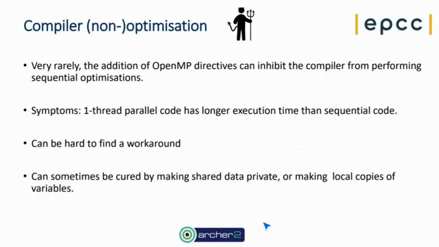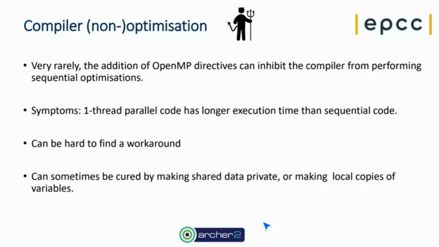Okay, so I mentioned the 6.5 reason, and this is compiler non-optimization, and this thankfully happens very rarely, but it's just worth being aware of in case you get unlucky. Very occasionally, adding OpenMP directives can inhibit the compiler from performing some sequential optimizations.